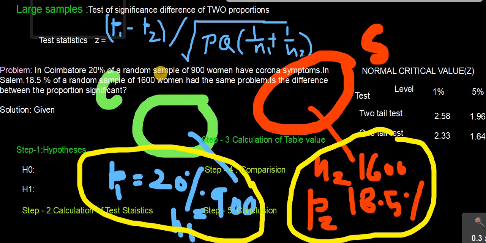I am assuming that P1 is the proportion affected by corona in Coimbatore, and P2 is the proportion of corona affected people in Salem. Now the question is whether P1 is equal to P2 or P1 is not equal to P2. Is P1 very close to P2 or not? That's what we need to understand here. So let me discuss how to get the answer.